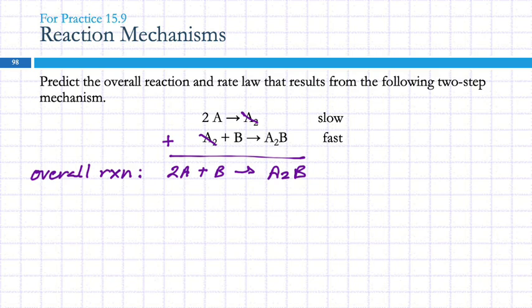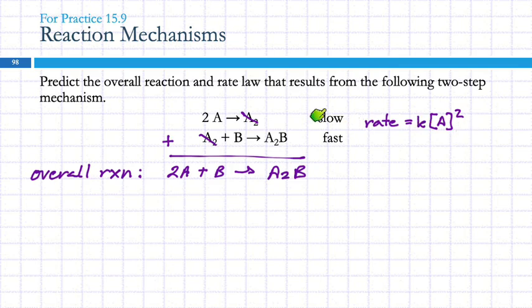So the rate law is always going to come from the slow step. We can write a rate law from the slow step of the mechanism. So the rate is equal to K times A squared, because there's two A's here. Does this have any intermediates in it?